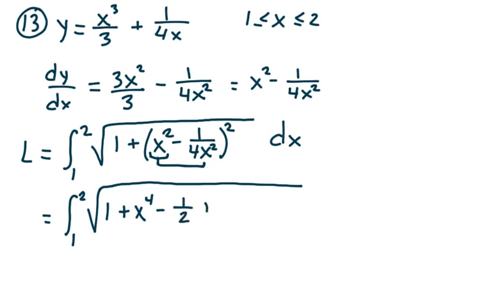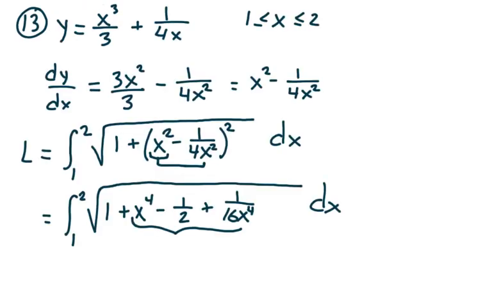And then I'm going to go plus 1 over 16x to the 4th dx. And I want you to pay attention to something, because the last three terms is the square of x squared minus 1 over 4x squared. Okay? Now, look here. 1 minus 1/2 is plus 1/2.